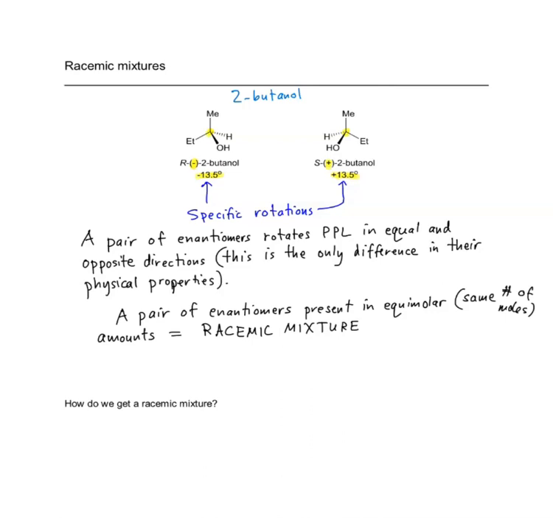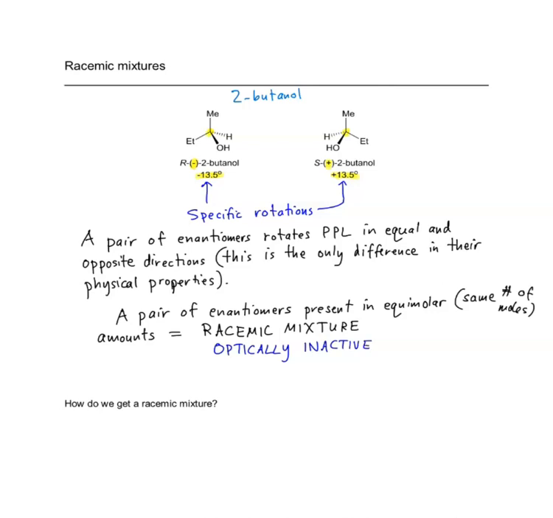The R-2-butanol is going to rotate the plane polarized light negative 13.5 degrees, but the S-2-butanol is going to rotate it positive 13.5 degrees, meaning that the effects cancel and the mixture is optically inactive. So a racemic mixture is optically inactive.